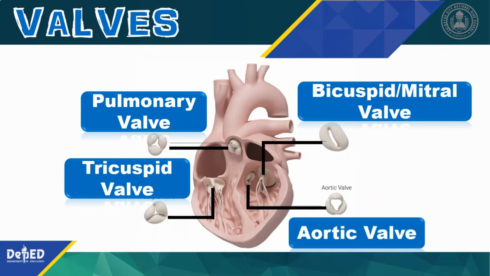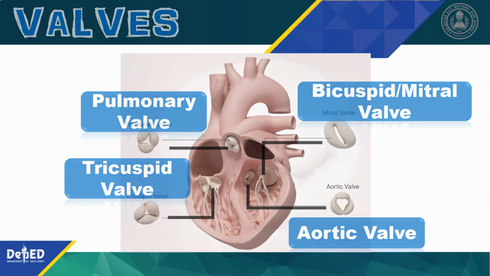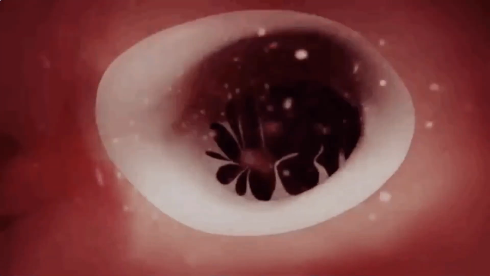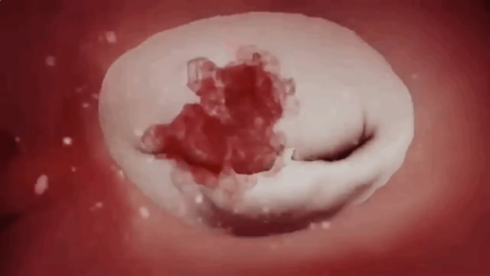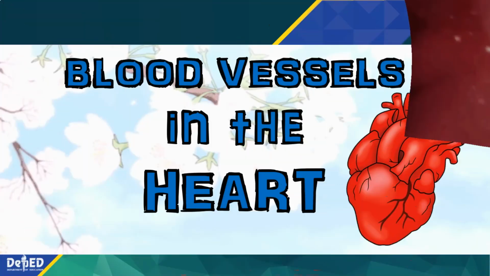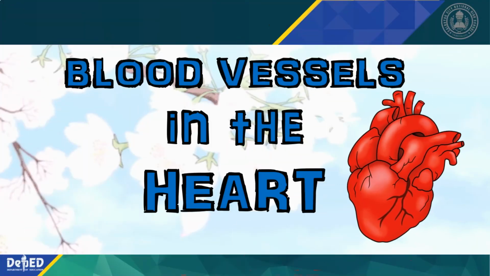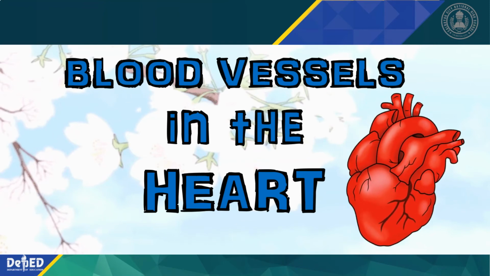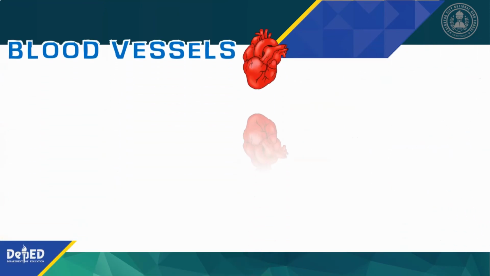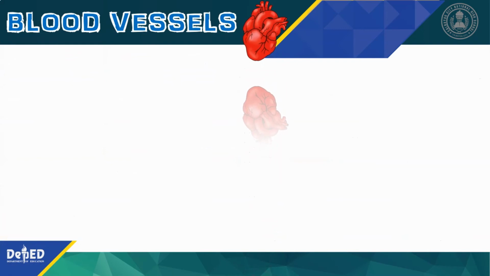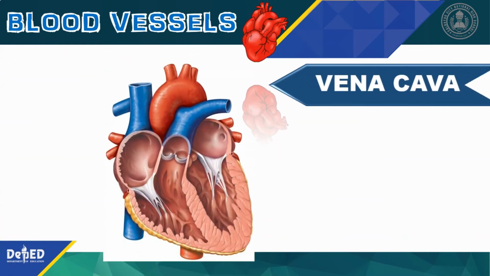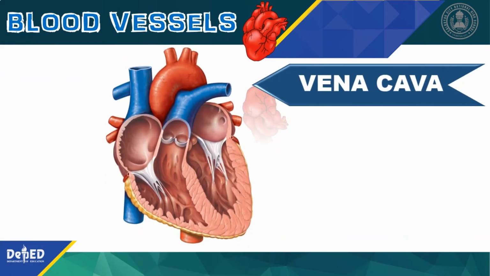Earlier, we have discussed the different types of blood vessels in the circulatory system. Now, we will find out about the blood vessels connected to the heart. First, we have the vena cava. It is divided into two.